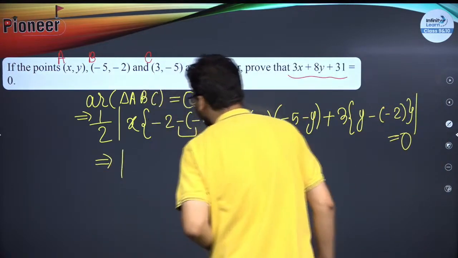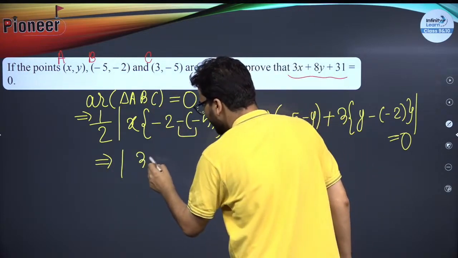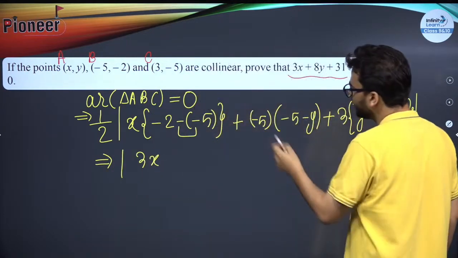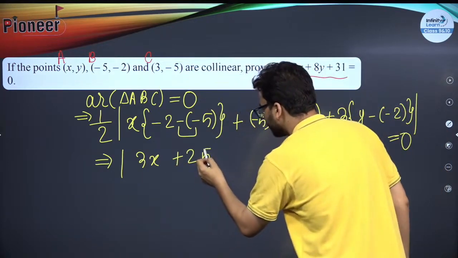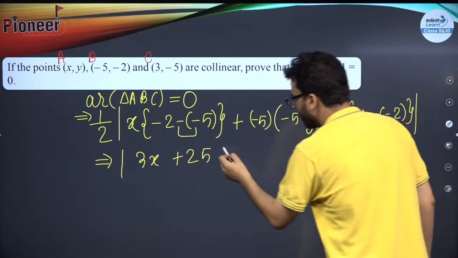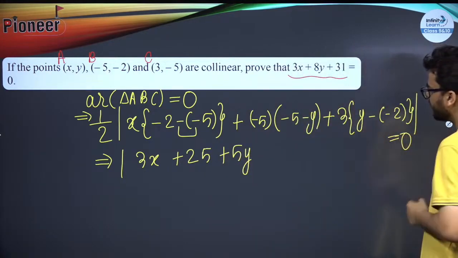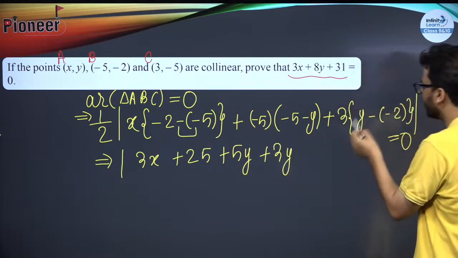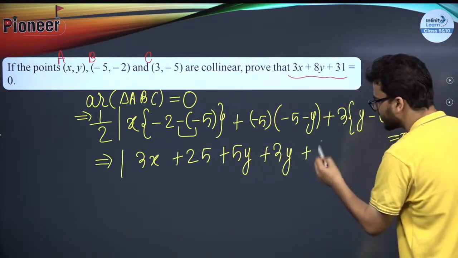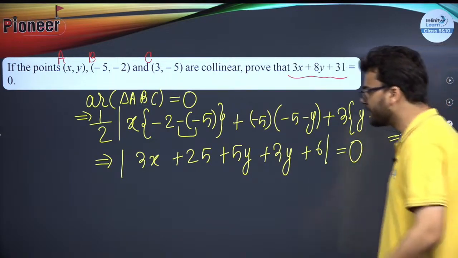So this will be modulus of, you see 5 minus 2, so that is 3x over here, and this thing will be equal to plus 25 and 5y over here, and if I further simplify this thing, we are going to get 3y over here plus 2, so that is equal to 6, and this whole thing is coming out to be equal to 0. Let's simplify it further.